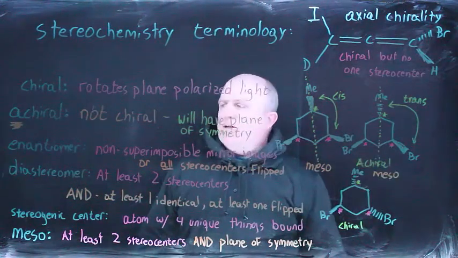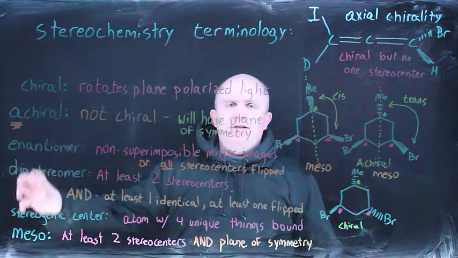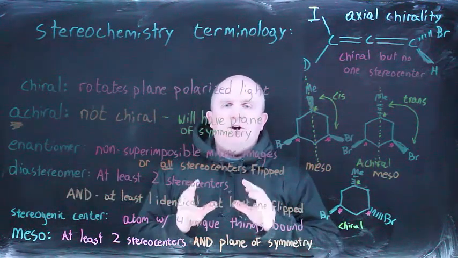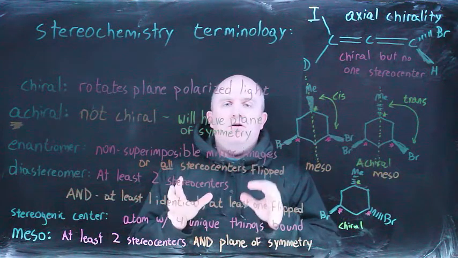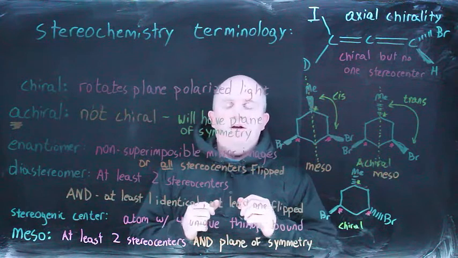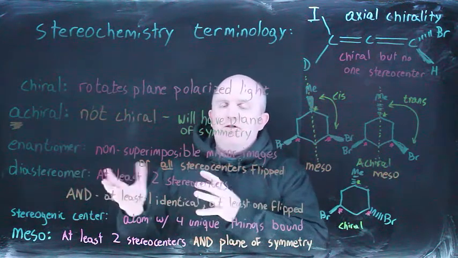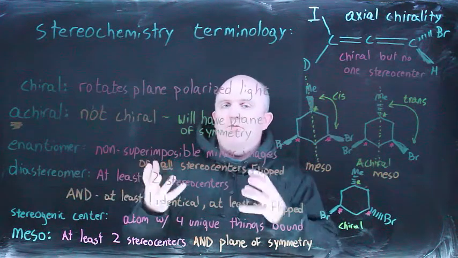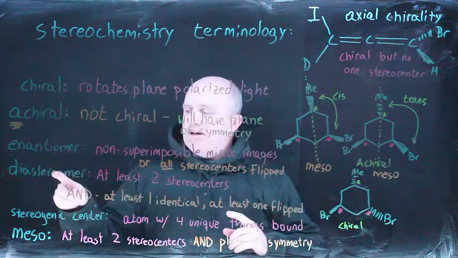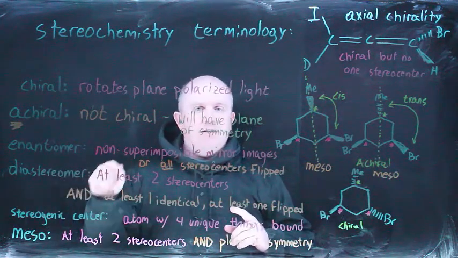There's another crucial point to highlight about the difference between enantiomers and diastereomers, and that is, as I've described before, a pair of enantiomers are identical molecules in all respects other than one rotates plane polarized light in one direction and one in the other, and you can separate them only on the basis of the way they interact with other chiral molecules, but otherwise the properties are identical. The reason why that's important to point out is diastereomers are fundamentally different molecules.